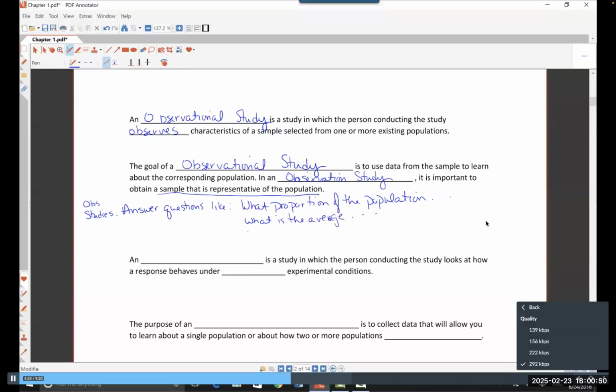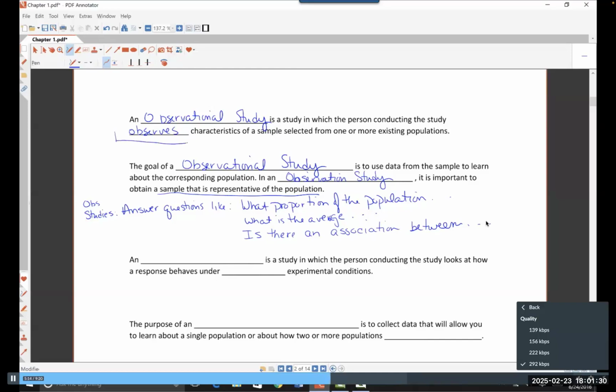Or maybe, is there an association between? If you're talking about, is there an association between two different populations? What is the proportion of people in San Diego County that own homes? What is the average time commute that it takes people to get to work in Oceanside? Those are the types of questions that we would be answering in an observational study.